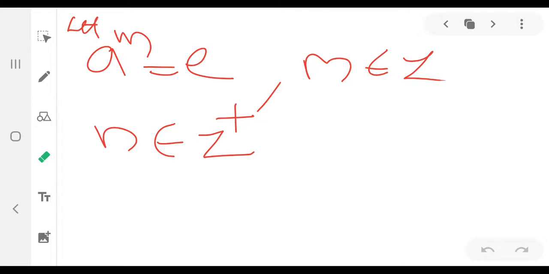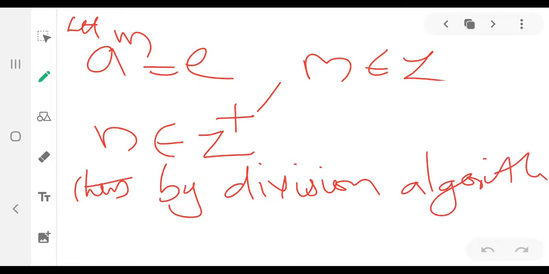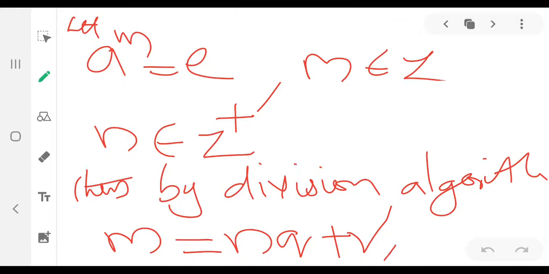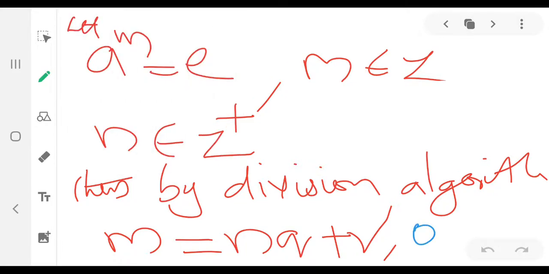Then by the division algorithm we can write m is equal to nq plus r, where q and r are integers and 0 less than or equal to r less than n.